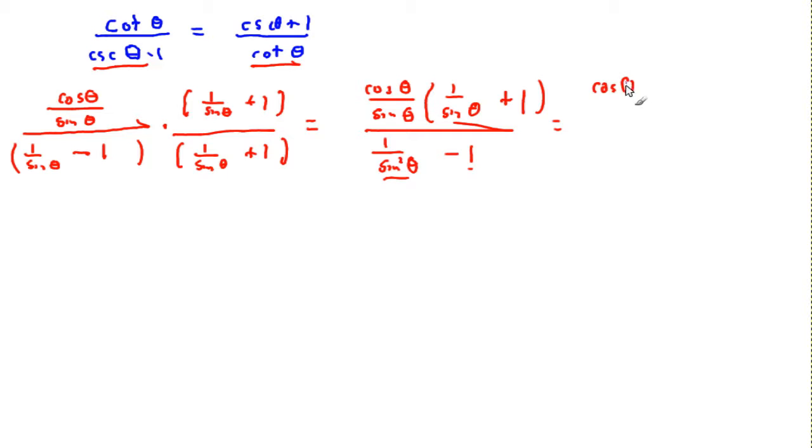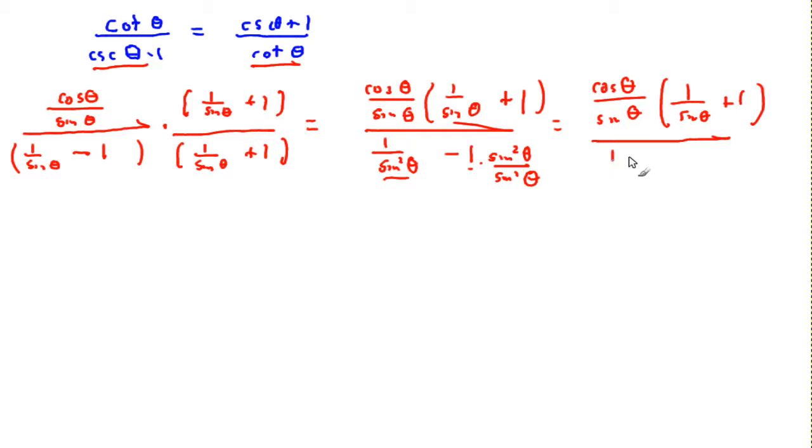So that's still cos over sine of theta multiplied by 1 over sine of theta plus 1. However, on the denominator, I'm multiplying this 1 by sine squared over sine squared. So that will give us 1 minus sine squared theta over sine squared theta.